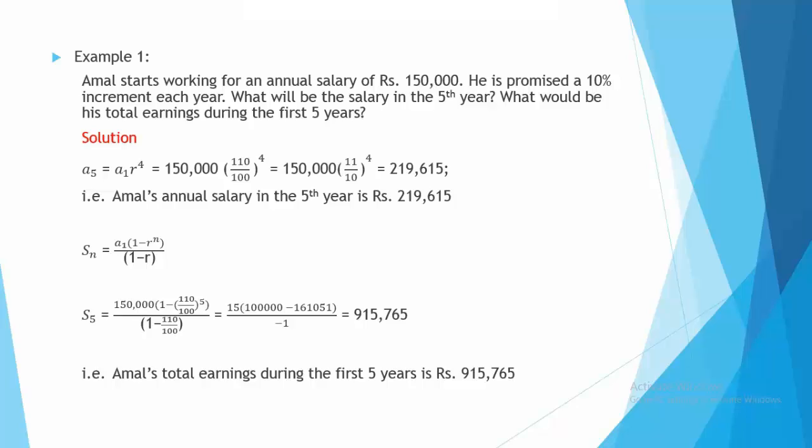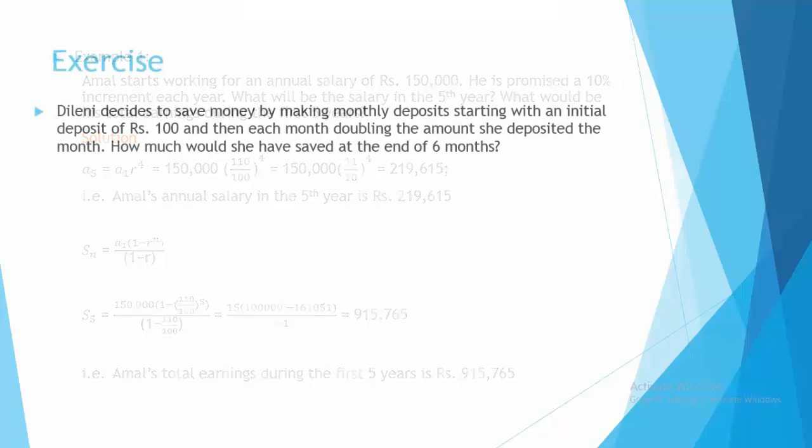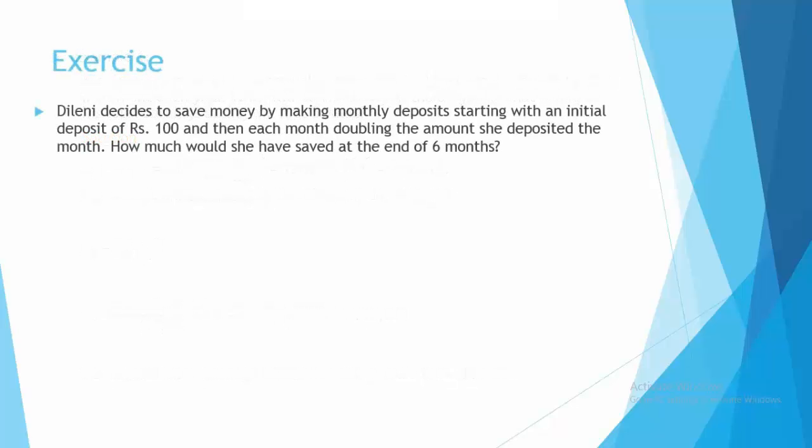Substituting the values, S5 equals 150,000 times 1 take away (110 over 100) to the power of 5 over 1 take away 110 over 100, which equals 15 times 100,000 take away 161,051 over negative 1, which equals 915,765. That is, Amal's total earnings during the first 5 years is 915,765. Now try out this question by yourself.